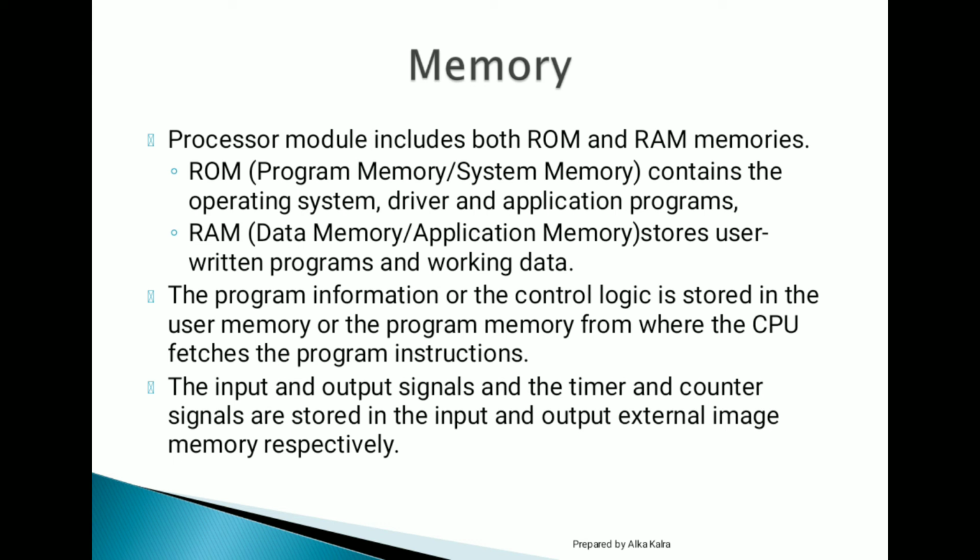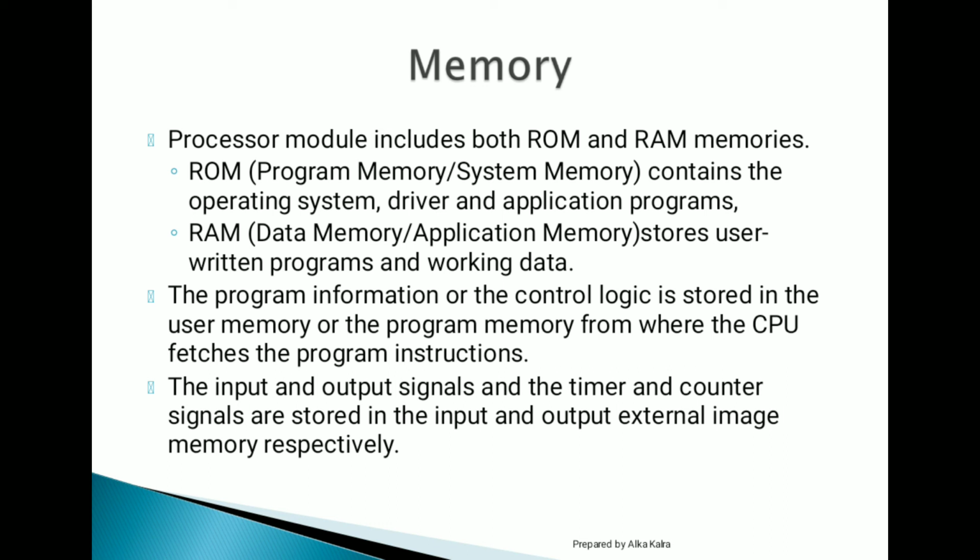ROM memory, or program memory, contains the operating system, drivers and application programs. This type of information is stored in the ROM memory. And the RAM memory stores the user written programs and the working data.